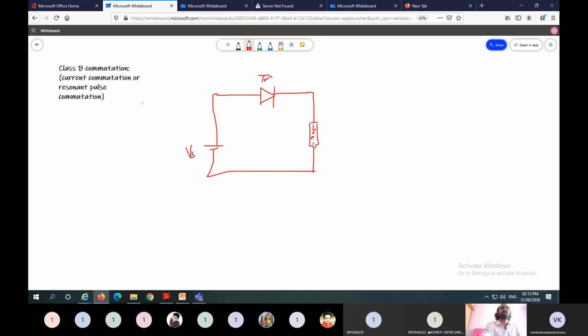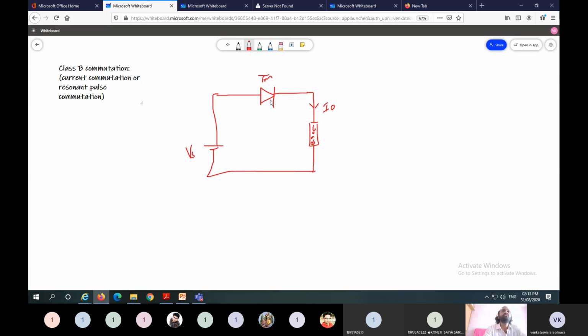Here, for our convenience, we assume load current I naught is constant. To get constant current, we need to take a highly inductive load. The property of an inductor is that it opposes sudden change, so a highly inductive load reduces ripples and the current becomes constant. This is our assumption.